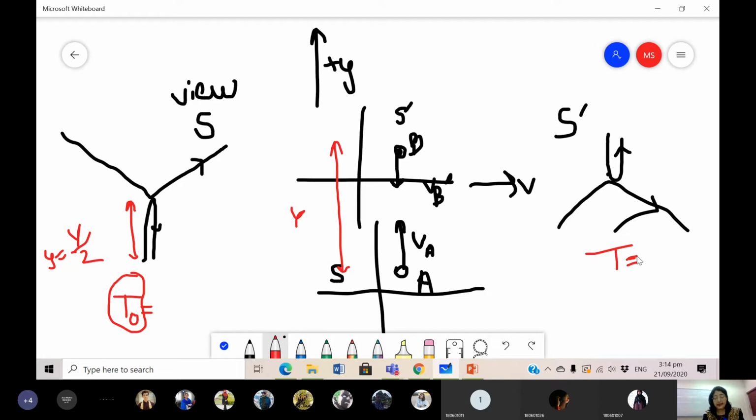Because remember when we did the example for time dilation, we said that the proper time is denoted by T0 if the observer is in the same frame, which is not moving. And if the observer is in the frame that is moving, then the time will be dilated. If we see an event that takes place in this frame, the time will be dilated. Is that making sense?